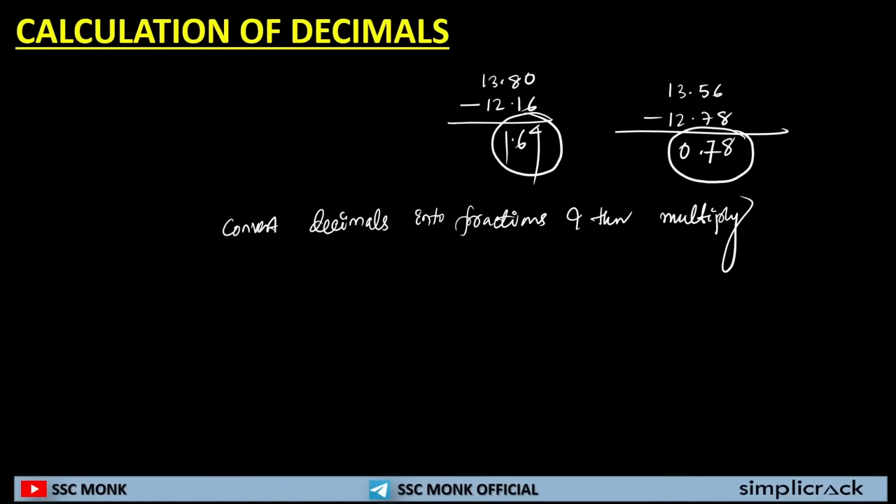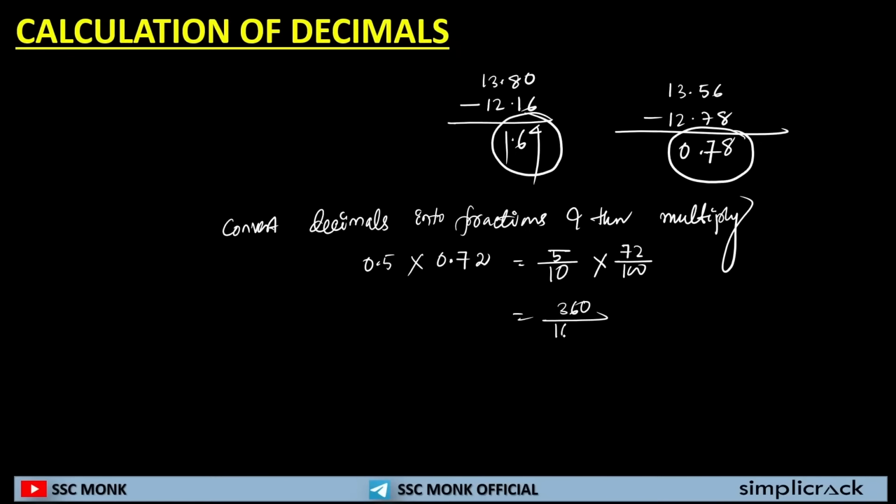Let's say I have to do 0.5 multiplied by 0.72. 0.5 can be written as 5 by, how many numbers are there after decimal? 1. So 10, multiplied by 0.72. 72 divided by, how many numbers are there after decimal? 2. So 100. Now 5 into 72 is equal to 360.